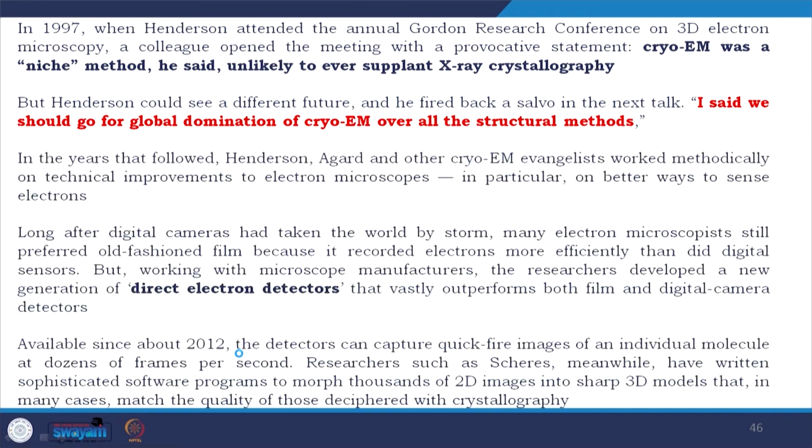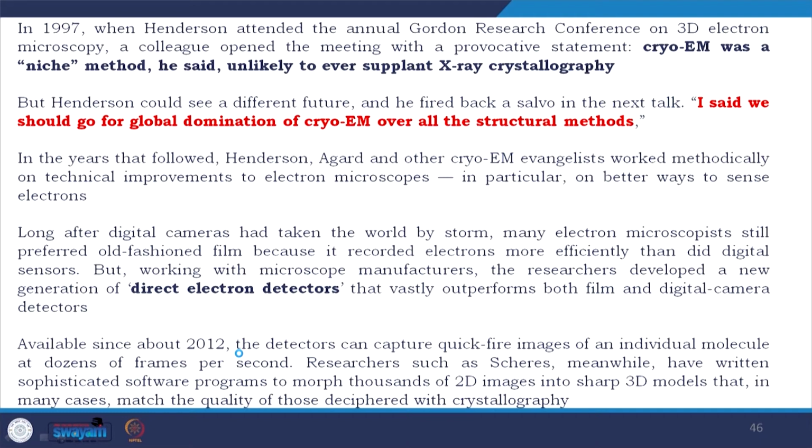In the years that followed, Henderson, Agard and other cryo-EM evangelists worked methodically, as we have already described the history, on technical improvements on electron microscope, in particular on better ways to sense electrons. Long after digital cameras had taken the world by storm, the researchers developed a new generation of direct electron detector that vastly outperforms both the film and digital camera detectors.